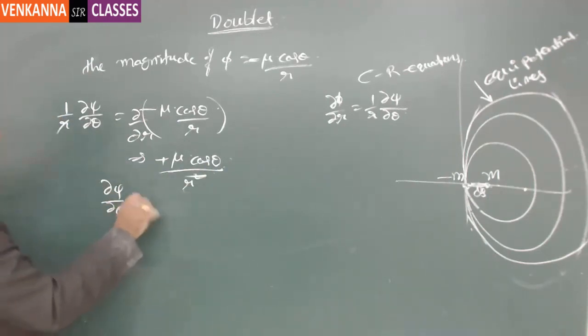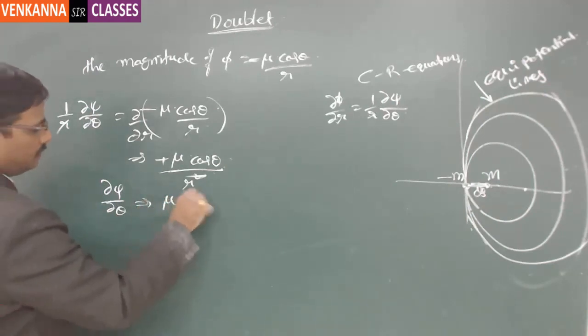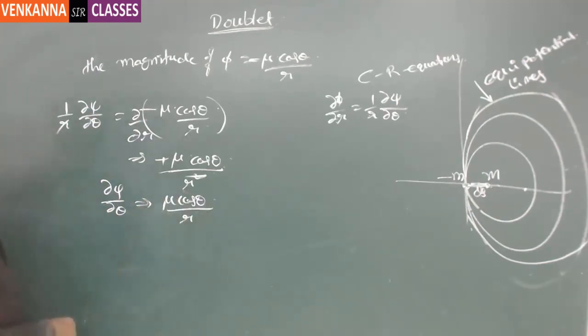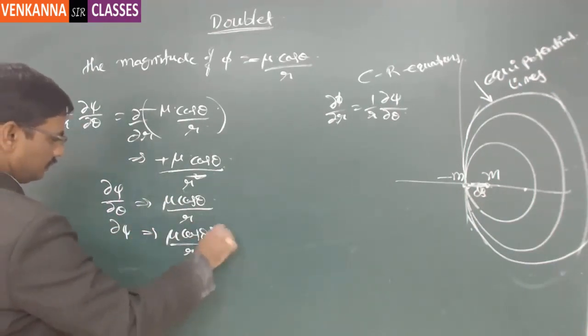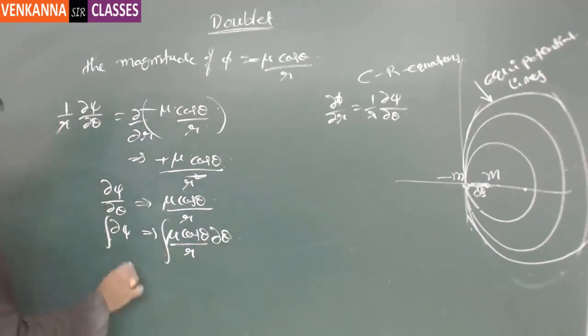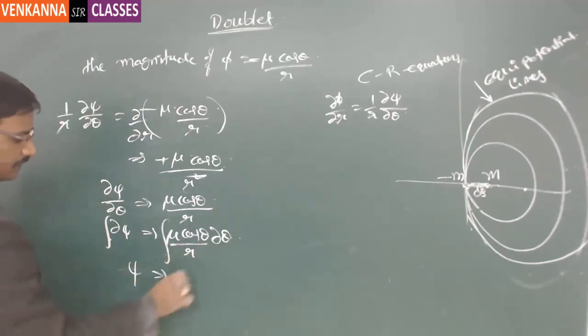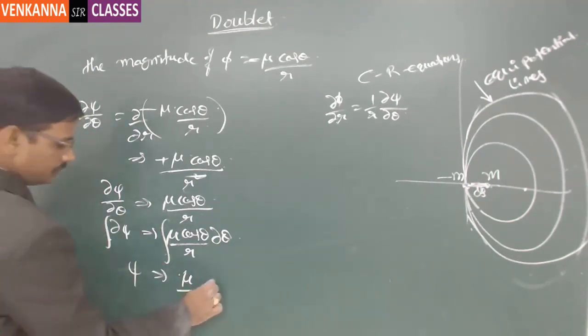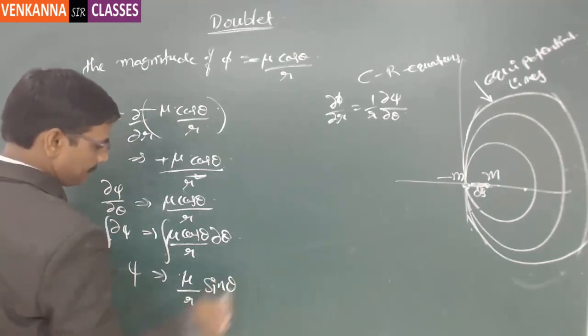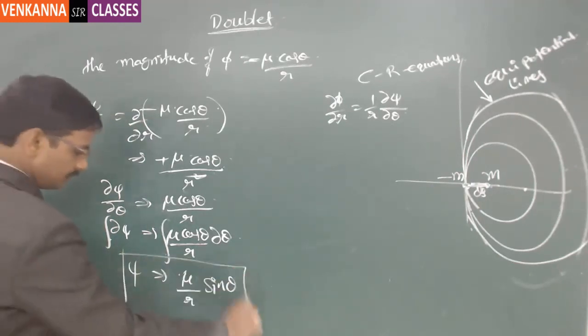Dou psi by dou theta is equal to mu cos theta by r, so dou psi is equal to mu cos theta by r into dou theta. Integrating on either side, psi is mu by r times the integral of cos theta, that is sin theta. So this is the psi magnitude.